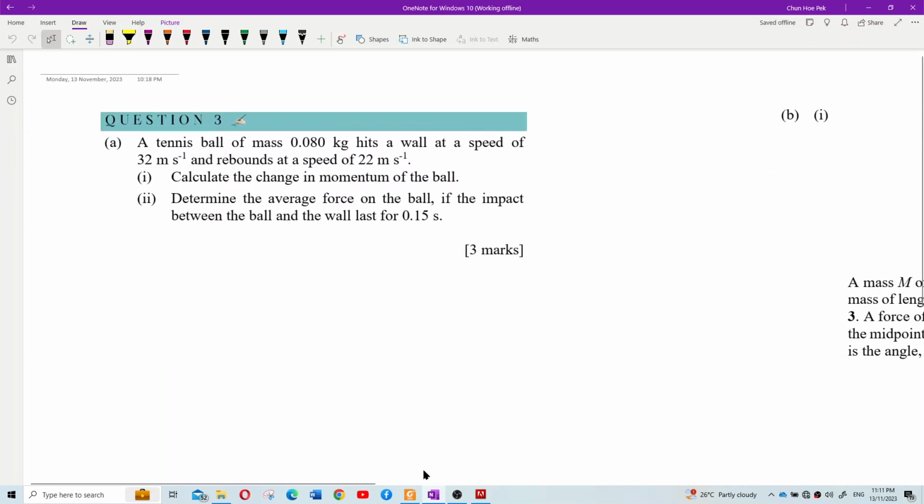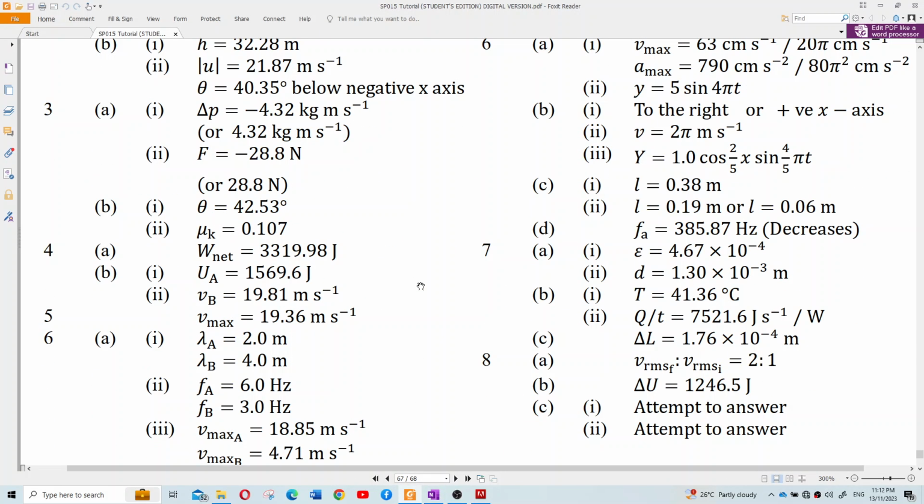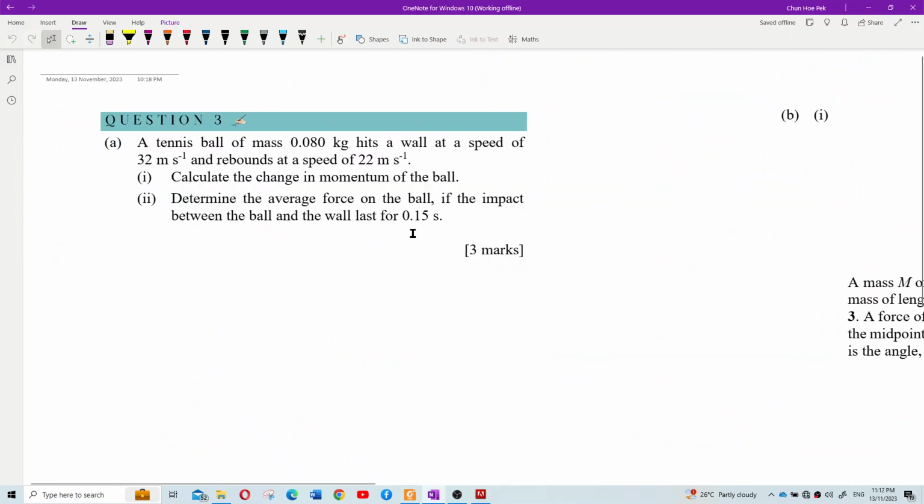Question 3. Let's do it, class. A tennis ball of mass 0.08 kilogram hits a wall at a speed of 32 meters per second and rebounds at a speed of 22 meters per second. Find the change in momentum.